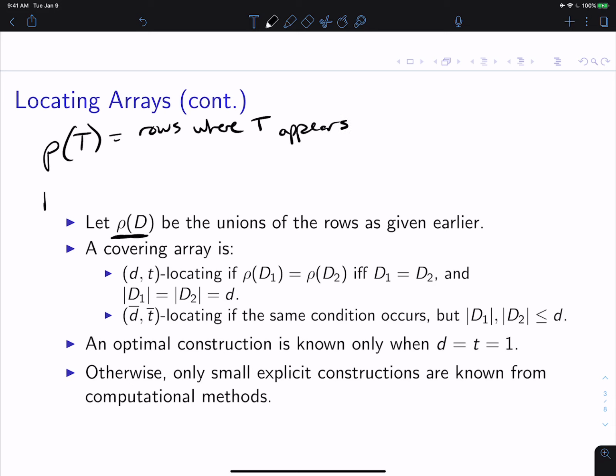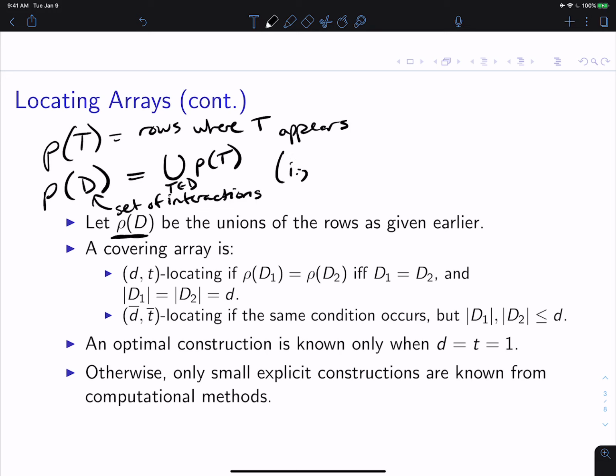And here, if D is a set of interactions, this is just the union of the row values for each interaction in the set. So look at every interaction in the set and then put all of the rows together.